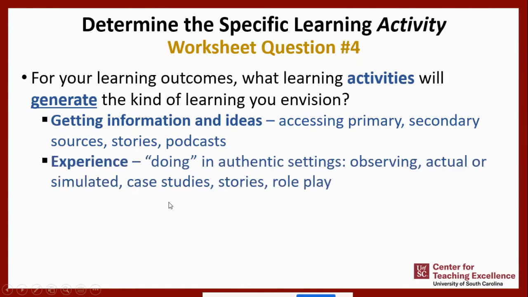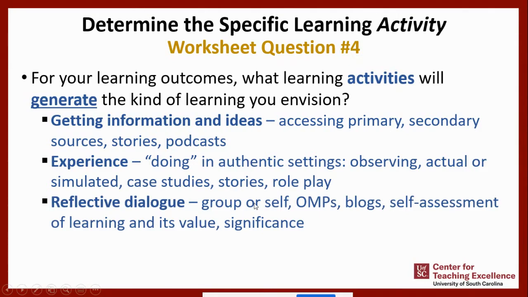Are they going to be doing something where they're observing, doing an experiment, thinking about a case study, all sorts of different experiences of doing something that is similar to how it might be seen in real life or in an upper level course? Are they going to have, it says reflective dialogue, so this is writing, or discussions or blogs, anything where students have to reflect on their learning and reflect on what they're learning or how they're learning as well, a self-assessment of their learning, that can be a type of activity.